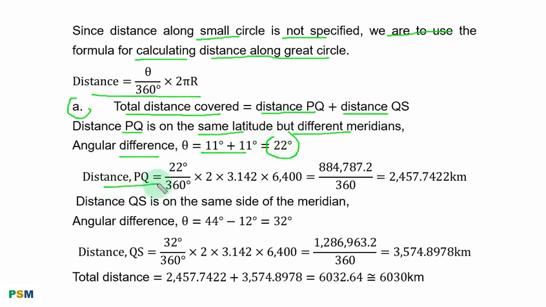Distance PQ becomes 22 degrees over total angles times 2 times pi times radius of the Earth, which simplifies to this, and you have 2,457.742 kilometers. Distance QS is on the same side of the meridian. So angular difference is through subtraction, and you have 32 degrees.